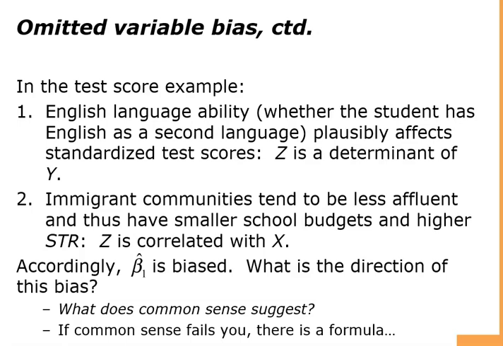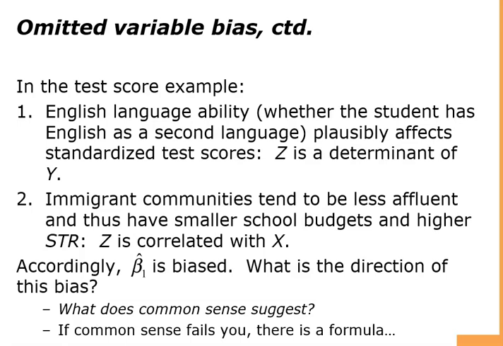Now take the example that we were using in the previous lecture, that student-teacher ratios have an impact on students' test scores. Now over here in this analysis, student-teacher ratio is the X variable and student test scores is the Y variable.